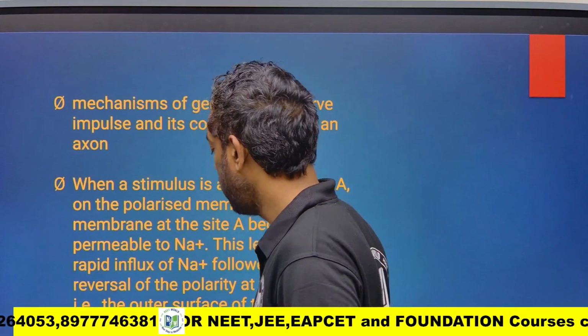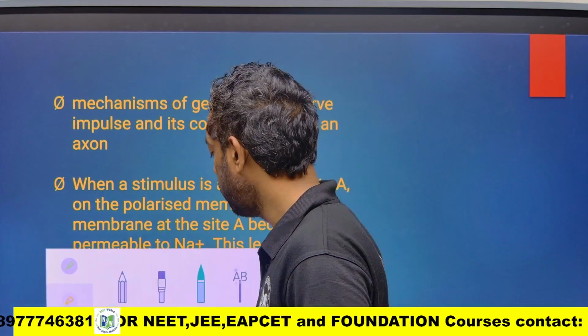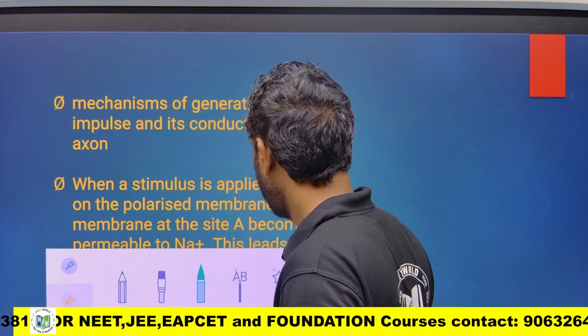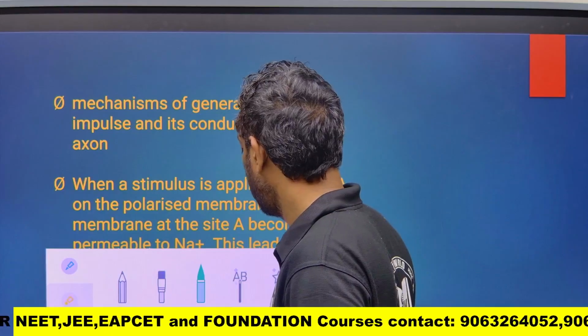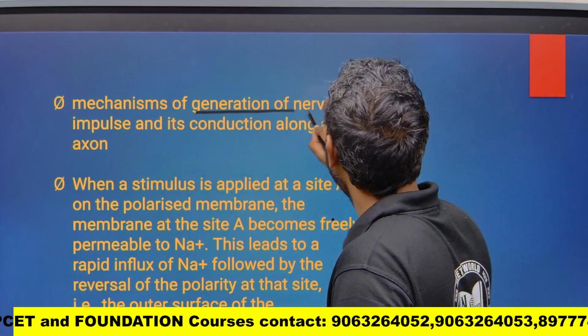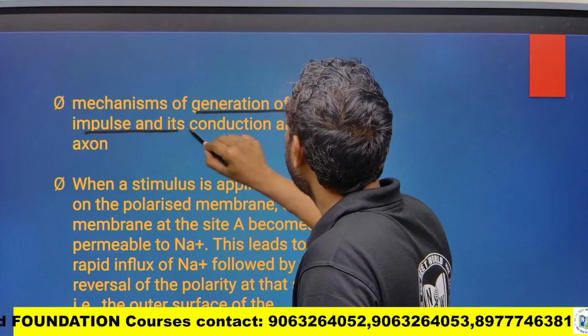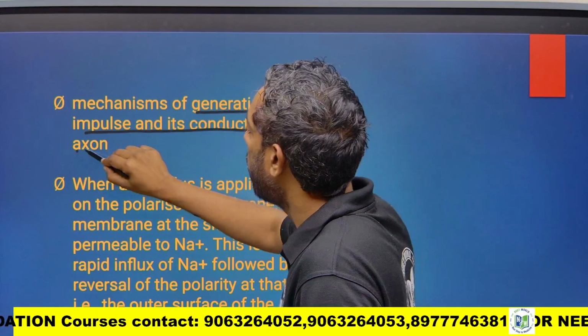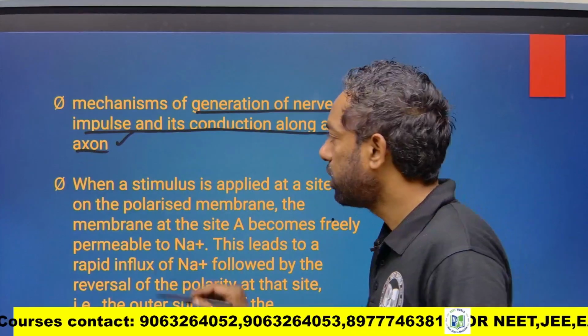Before explaining the mechanism: generation of nerve impulses and its conduction is along the axon membrane.